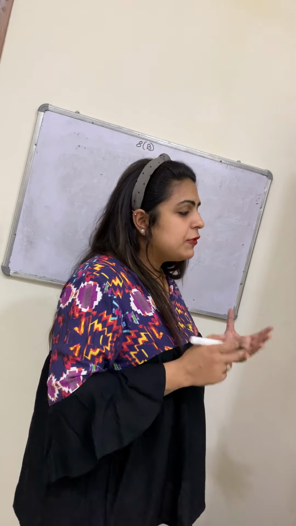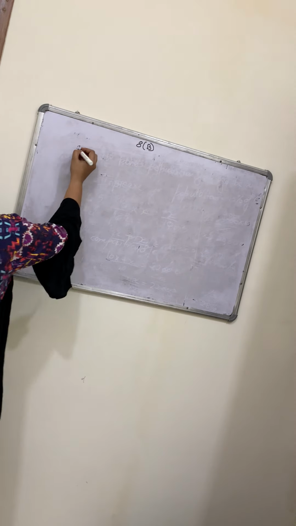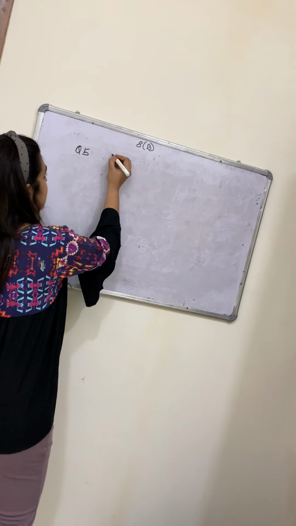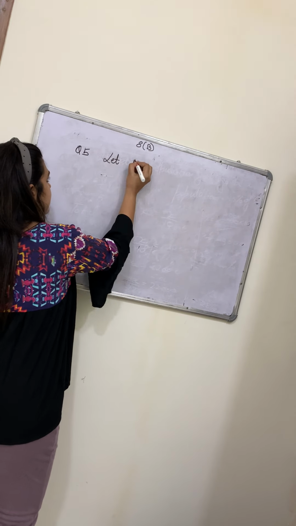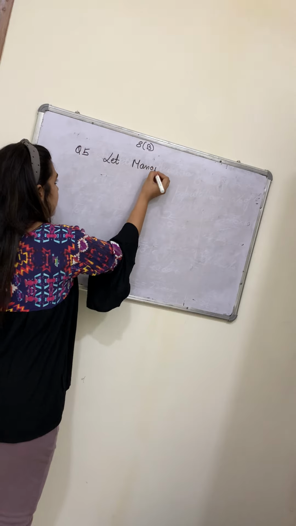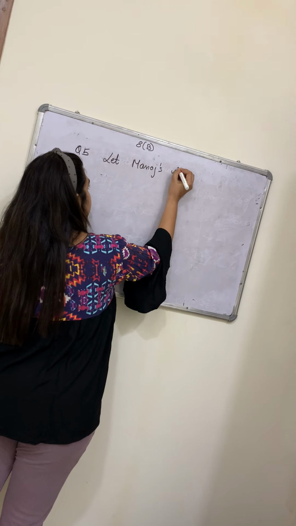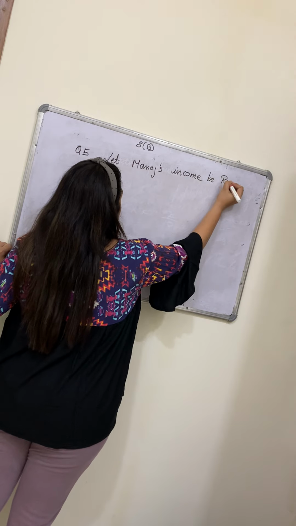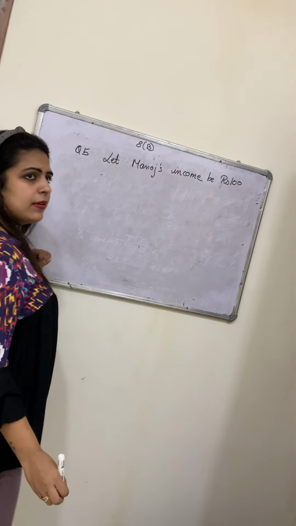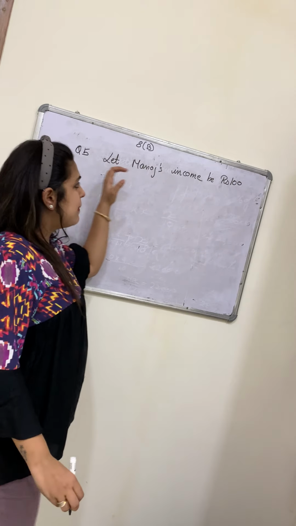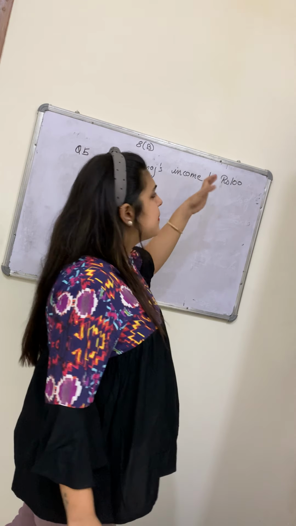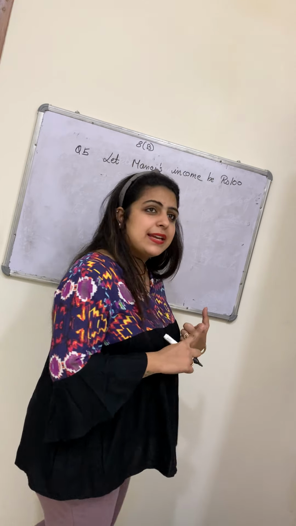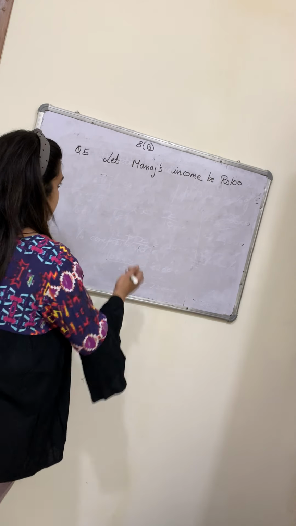Okay? So for this, we'll assume let Manoj's income be 100 rupees. हमने बोला कि let us assume Manoj's income is 100 rupees. Now they are saying first it is getting increased by 20%.